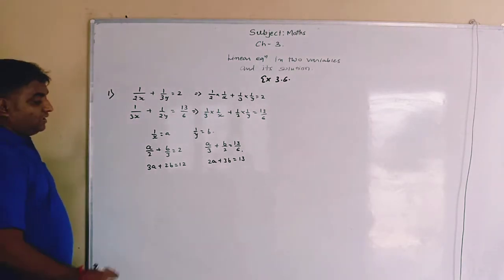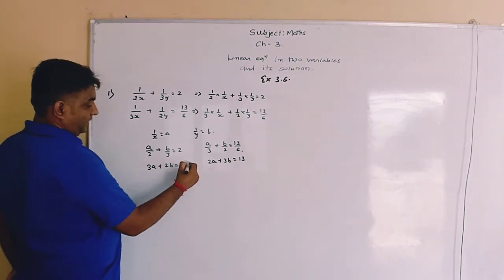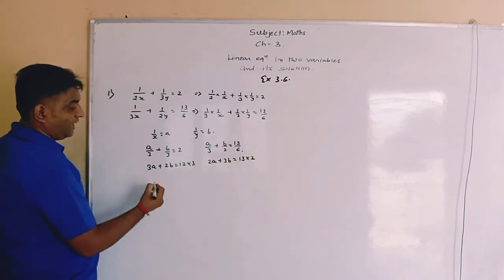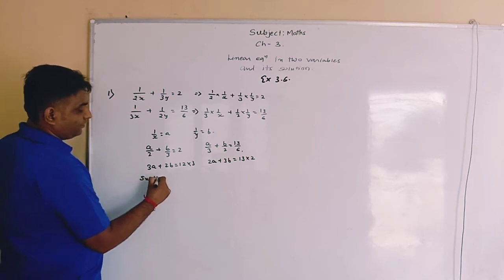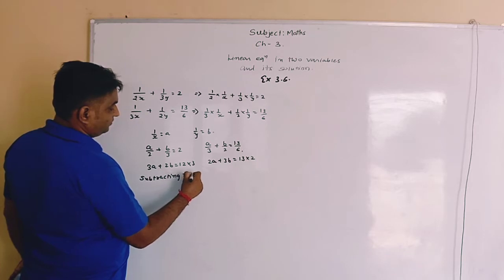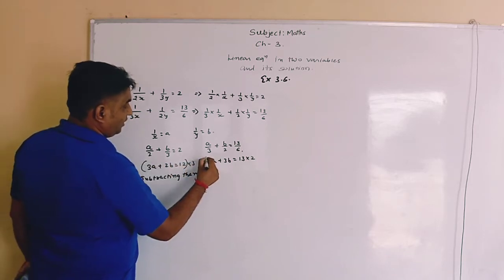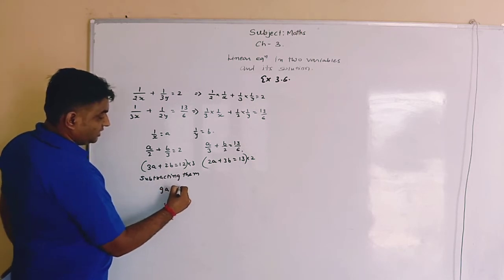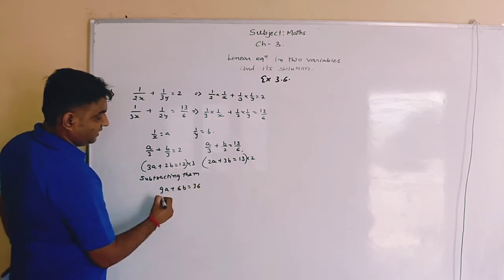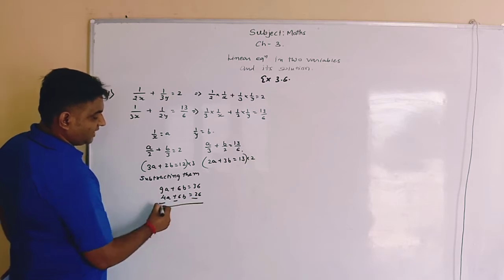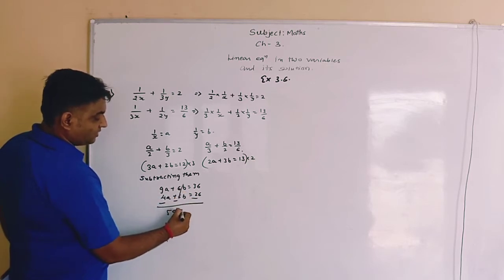Now equation 1 multiplied by 3 and equation 2 multiplied by 2, and then we subtract them to eliminate b. Then 3 times gives 9a plus 6b equals 36, and 2 times gives 4a plus 6b equals 26.